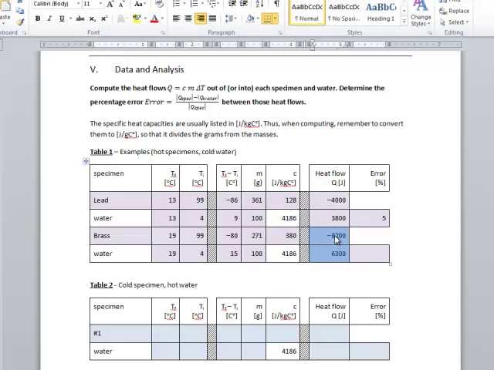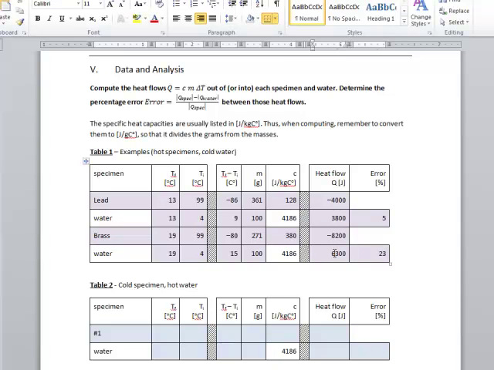We can see these two numbers should be the same, but due to experimental and measurement errors, they're a little bit further off than the other one. So I'm going to do 8,200 minus 6,300. Again, the error uses the absolute values, so that is 1,900, and then I divide that by 8,200, and I come up with 0.23, which means I have an error of 23%.